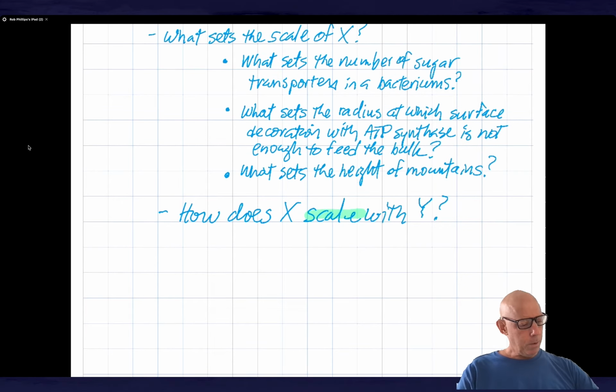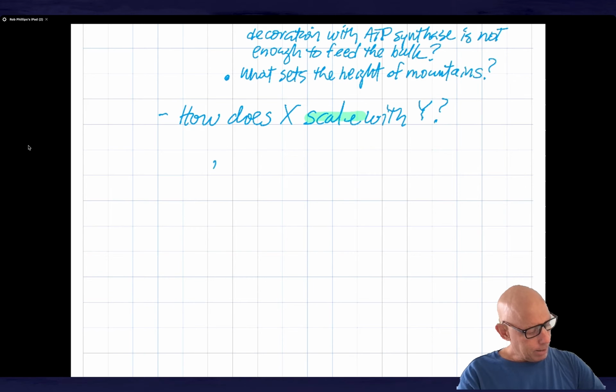And we already did an example of this the other day, which was the diffusion time.